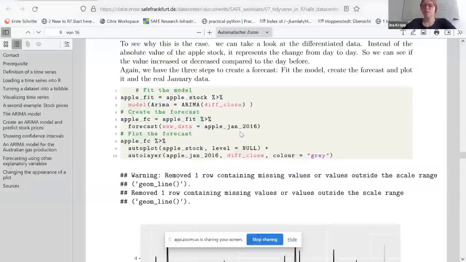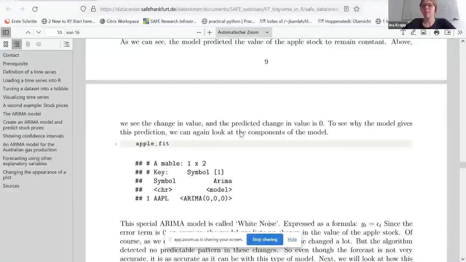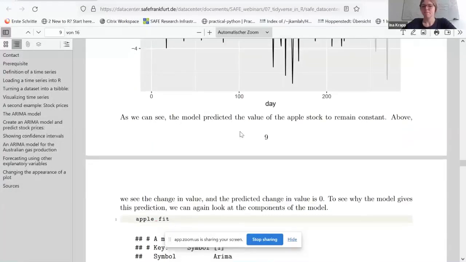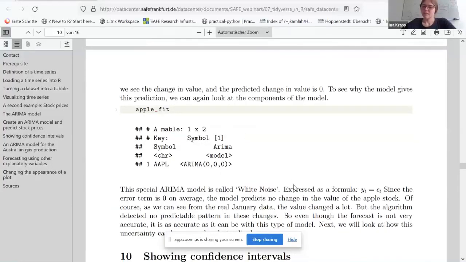And what you have in the case of such a model is something called white noise. Looking at a formula, this would be the formula of this model. You would predict that any future y values are completely random.